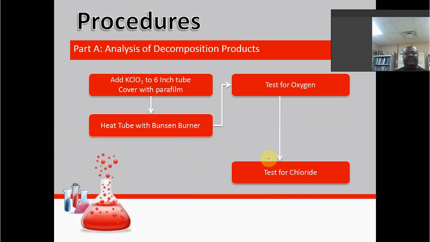Again, briefly, the first part is analysis of decomposition of the products. Add some stuff to the test tube and cover it with parafilm. When you cover it with parafilm, you cut a little hole in the middle, because we don't want the system to pressurize, so some of the gas escapes, but we keep some of the oxygen in there so we can test and confirm that it's oxygen.